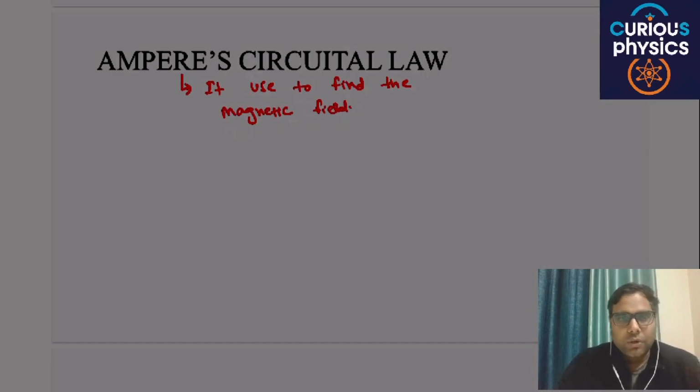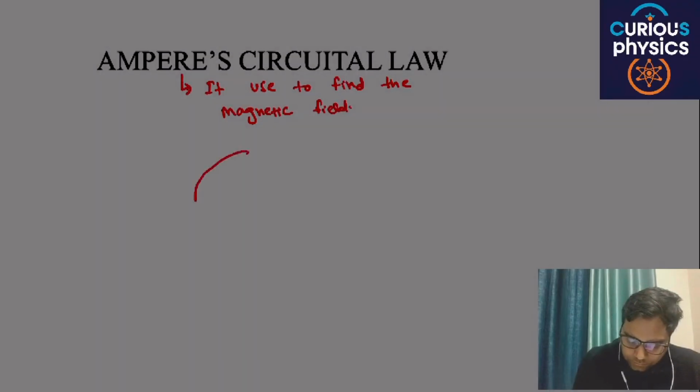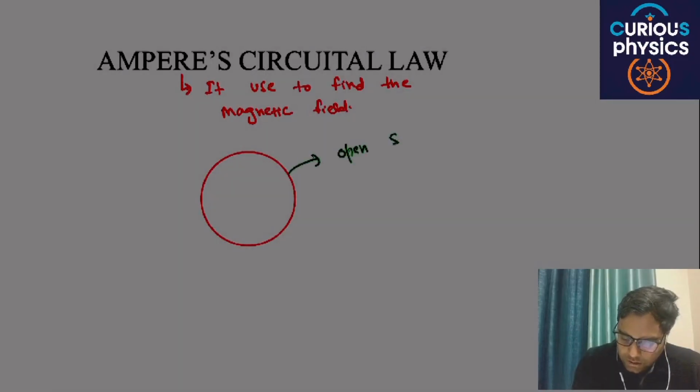So according to this Ampere circuital law, let's say there is an open surface, and also a closed loop.